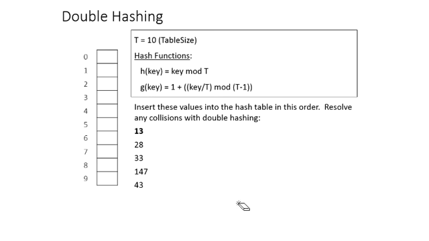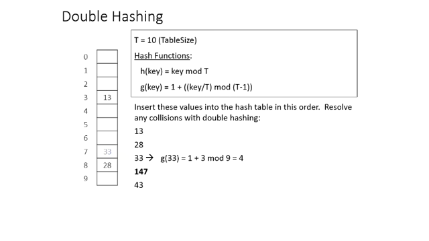So let us see the example. 13 and 28 will not have any issue, because my table is free, so you can insert them. 13 will be stored in the third position and 28 in the 8th position. When 33 comes, it is going to be a collision, so you have to use g of key.